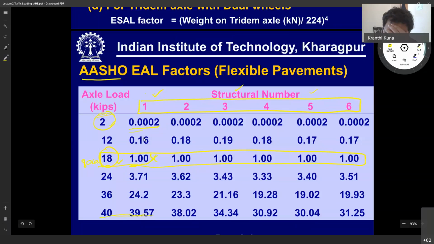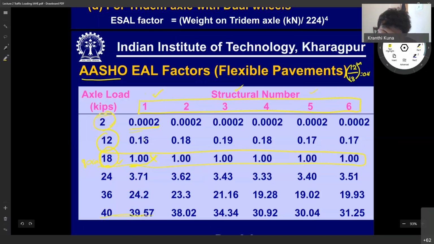Okay, so based on this analysis, if you put these values, for example, I'm just giving you, say here I'm taking this one, 12, so 12 divided by our standard axle 18, power m equal to 0.16.